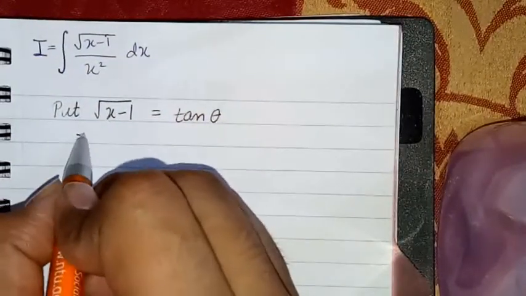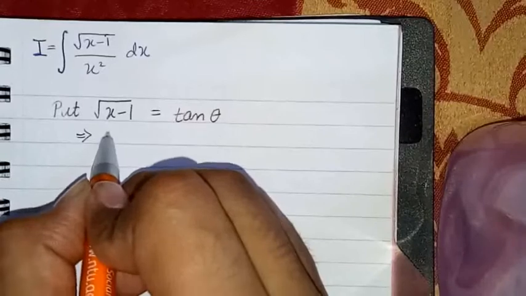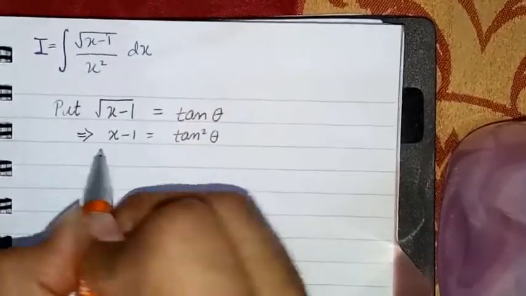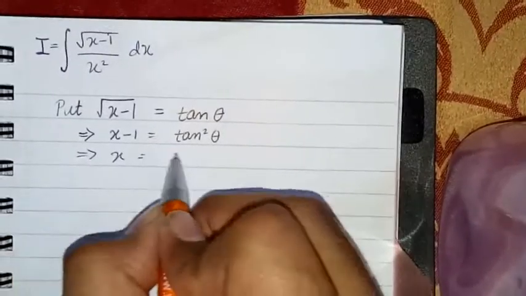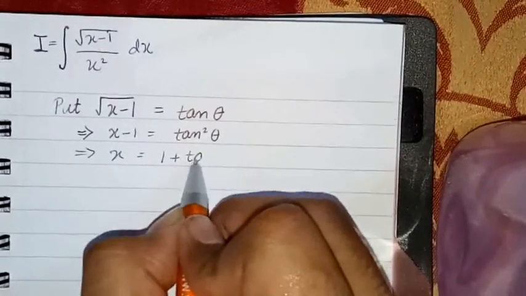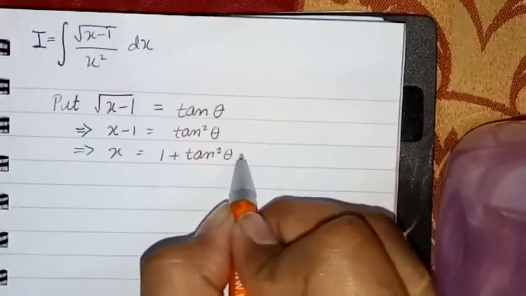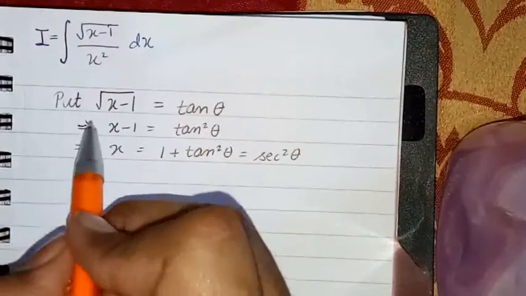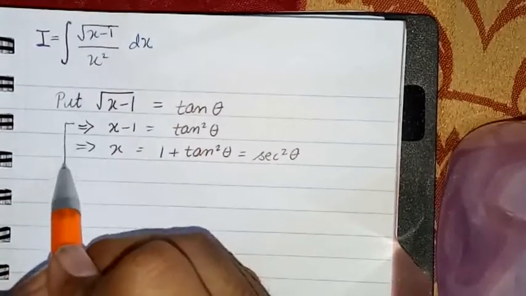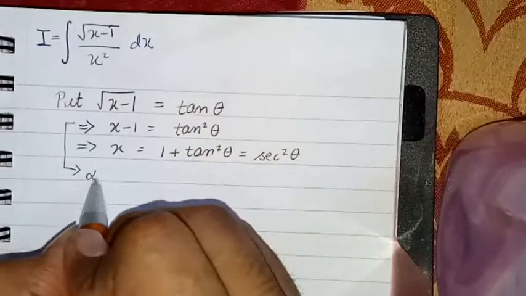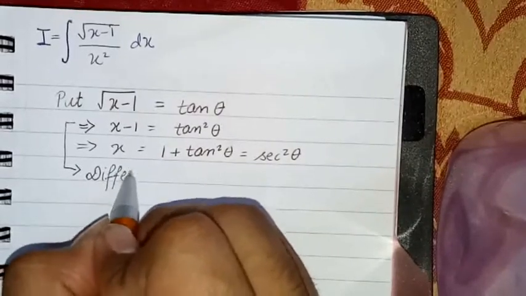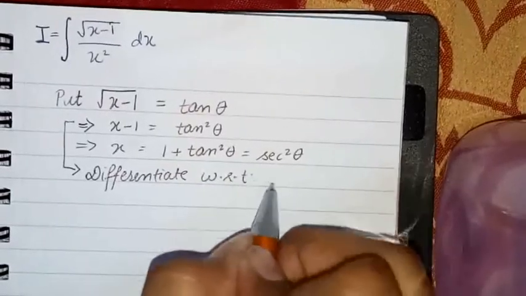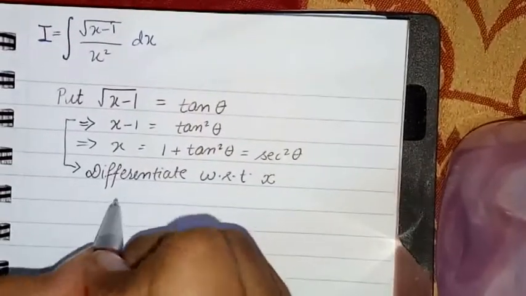First of all, this implies x minus 1 equals tan square theta, or x equals 1 plus tan square theta, which we know is nothing but secant square theta. Secondly, take this and differentiate with respect to x. What are we going to get?